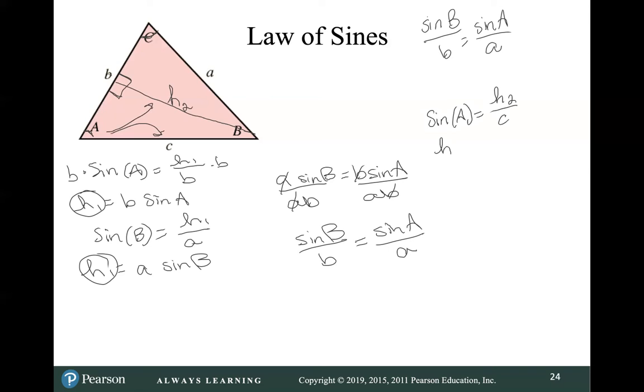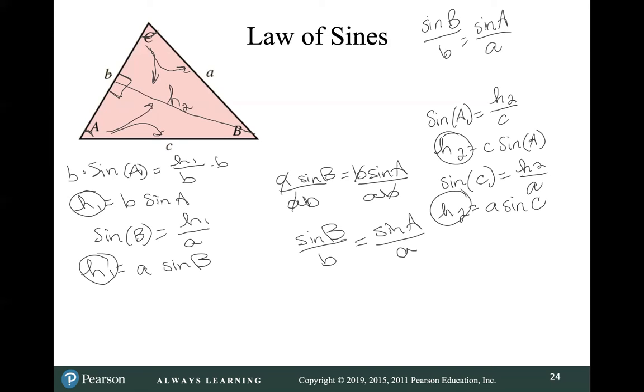So then H2 equals C times sine of A. Do the same thing for angle C. So sine of angle C, opposite is H2, over the hypotenuse of that right triangle, which is A. Then H2 equals A times sine of C.